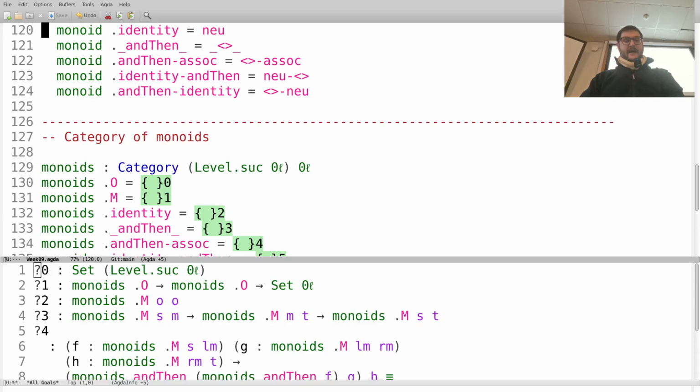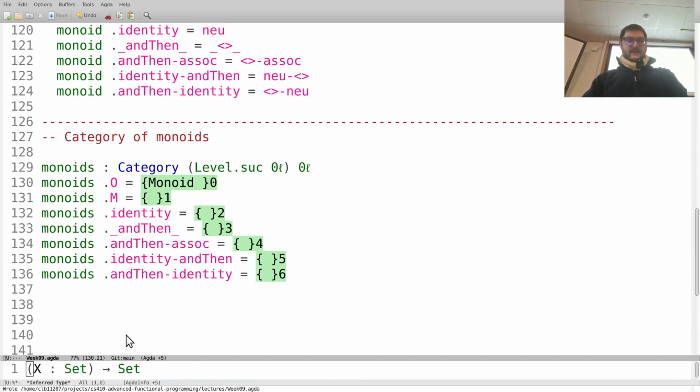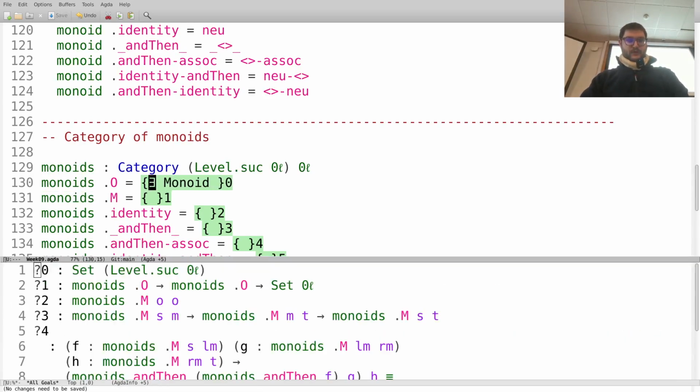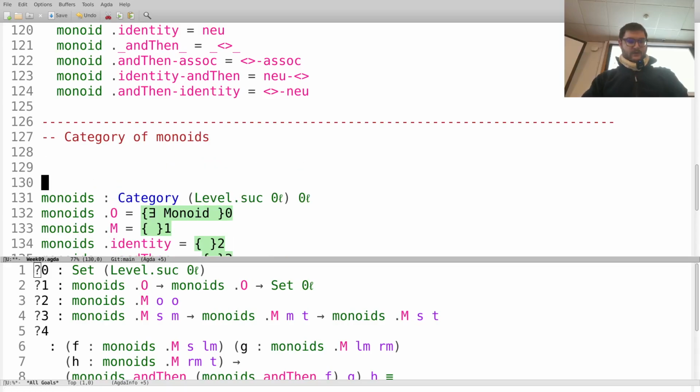Just like with sets, where we had a category where the objects were sets, now we have objects that are sets with some extra structure. So our definition of monoid is indexed by a set. So I suppose I better use a segment type.